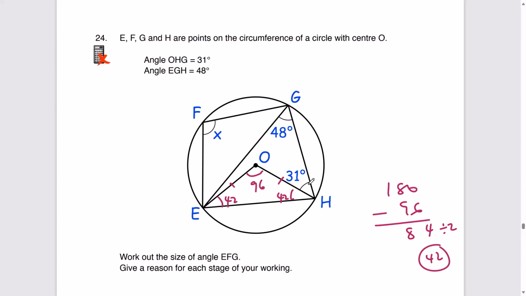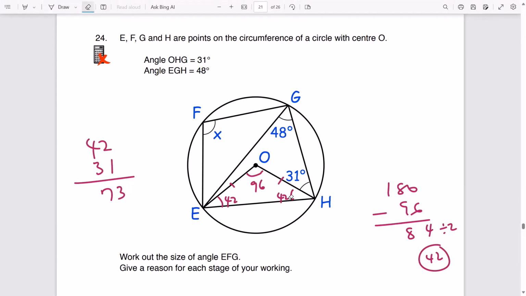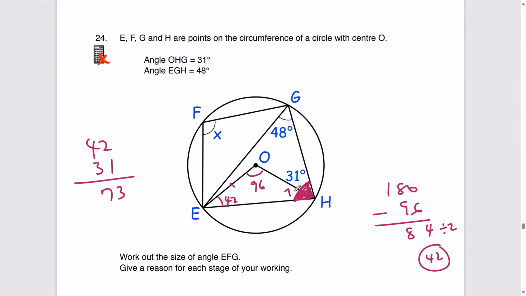And now, if you look at this angle, if we add these two angles at H, GHE, which is this angle here, that's going to be 42 plus 31, which is 73. If this whole angle here is 73, you can see that this is exactly a quadrilateral.